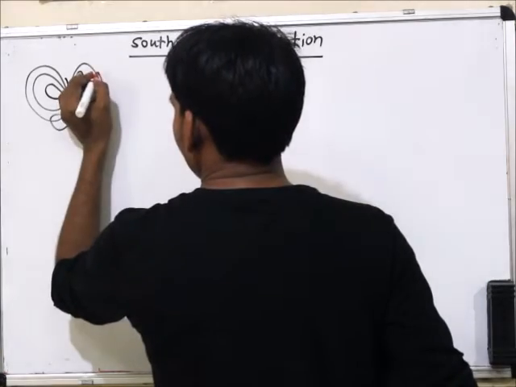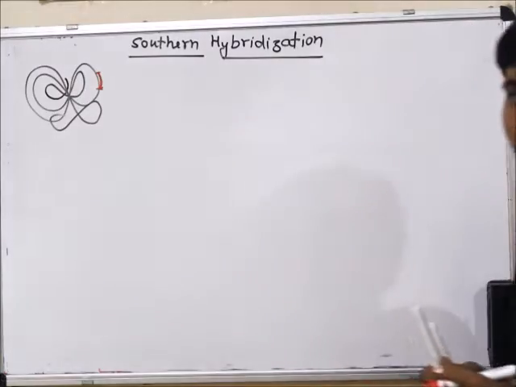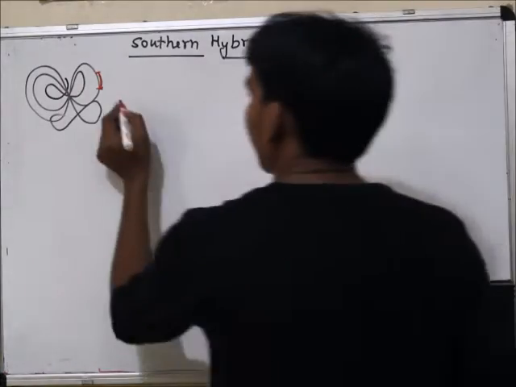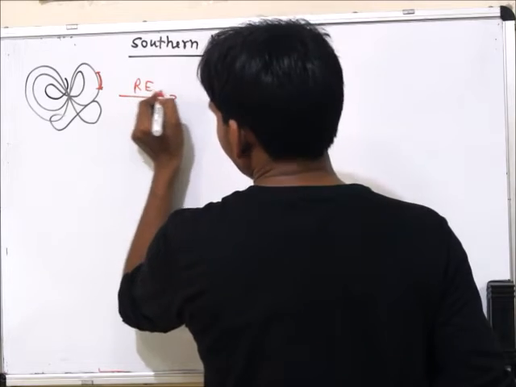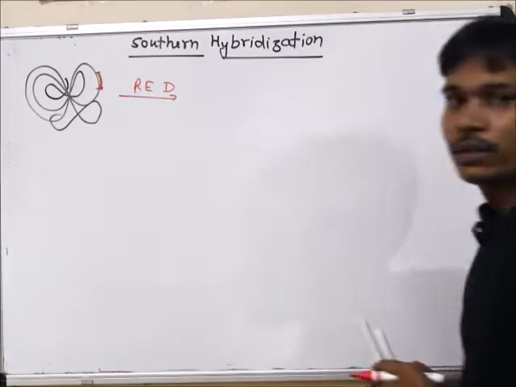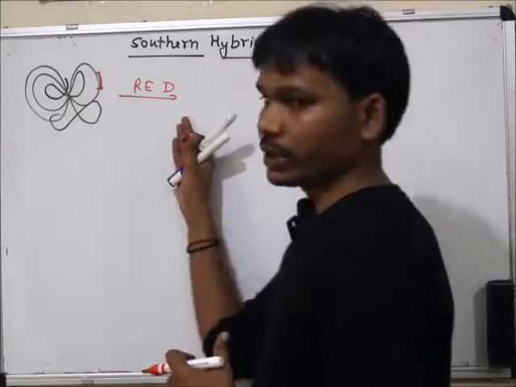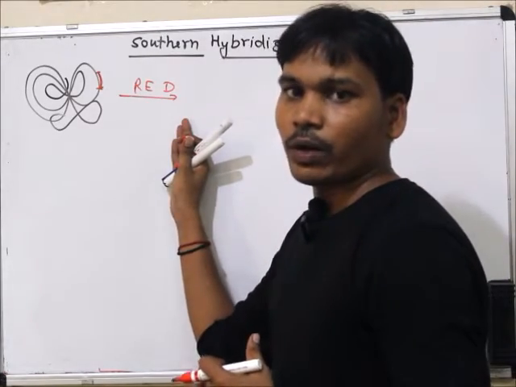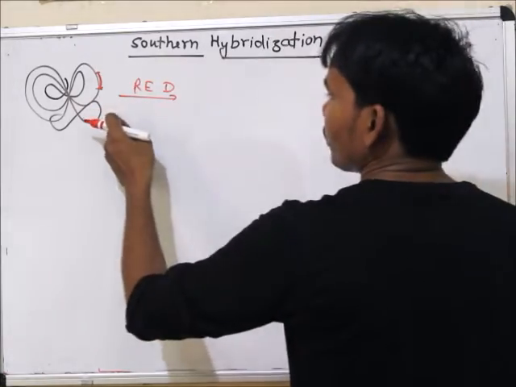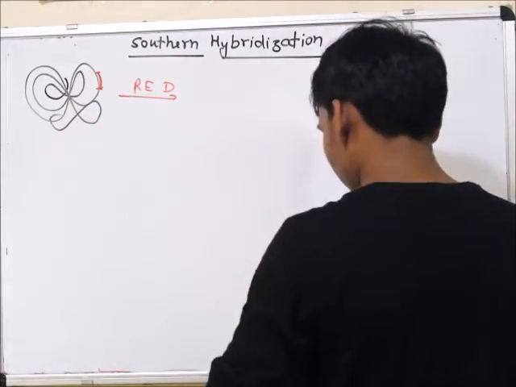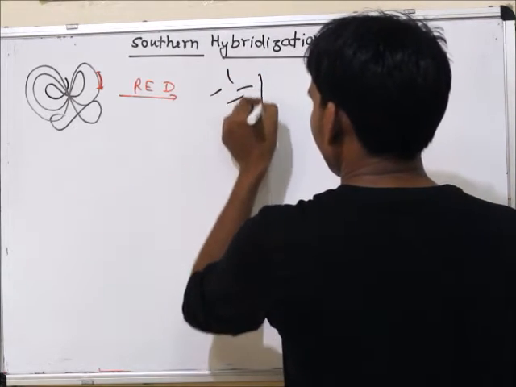If we want to identify it, then we require restriction endonuclease digestion. Many restriction endonucleases are available now, EcoRI, EcoRIII, and many others. So this will fragment the DNA into different small fragments.